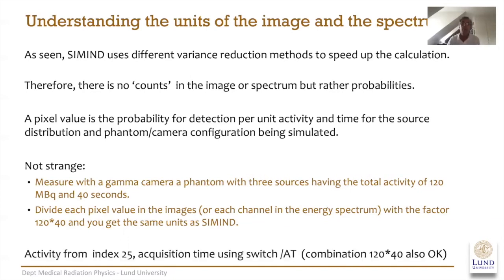These two are controlled by index 25 in the change file for the activity. Often it's just set to 1, which is 1 megabecquerel. And you can also add a specific acquisition time with the switch AT in your command.